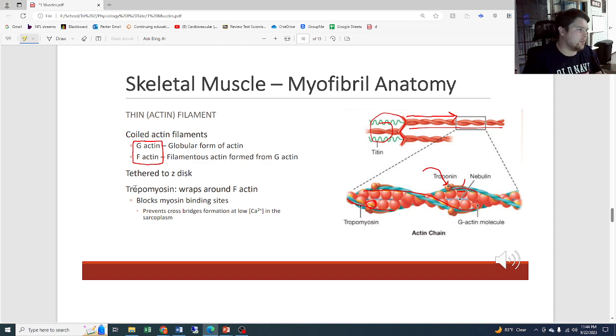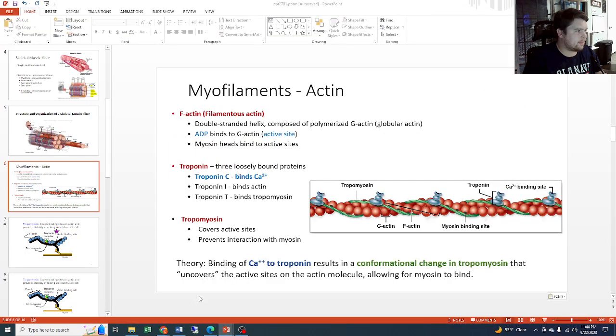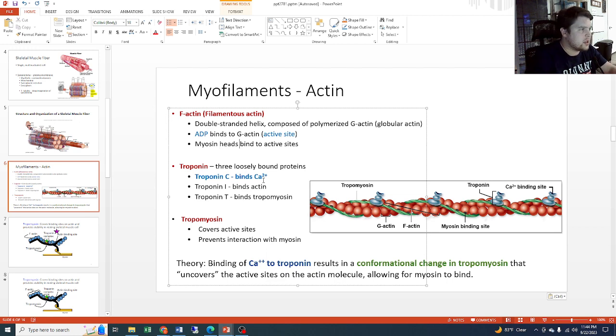We have another protein called tropomyosin. So there's our actin. Going back a little bit to actin, on actin they're going to have these sites called myosin binding sites.